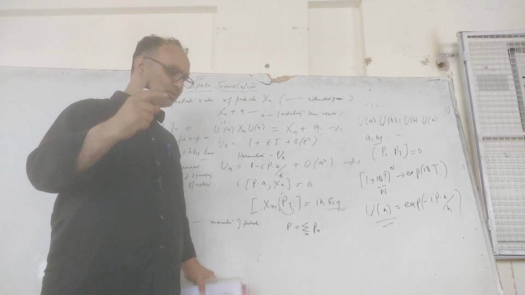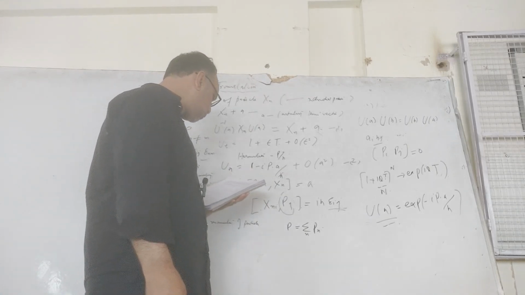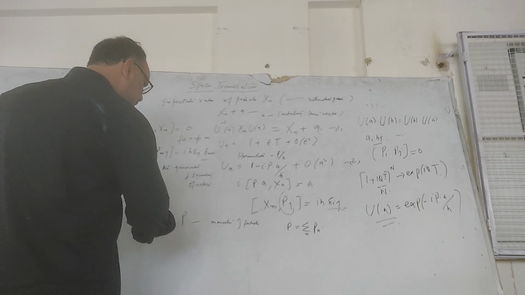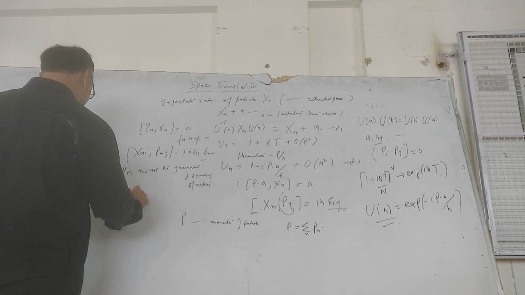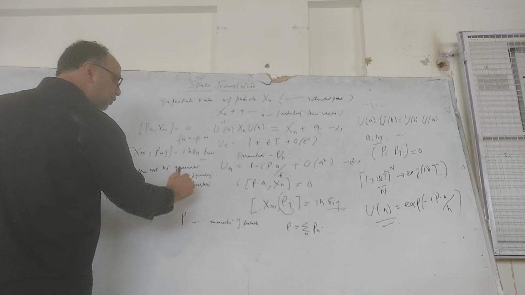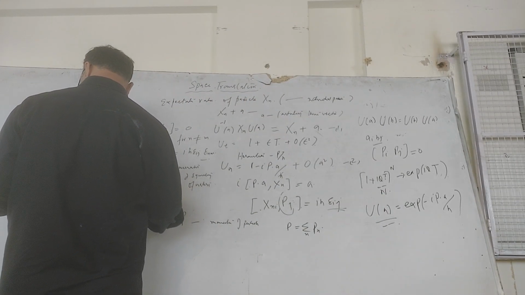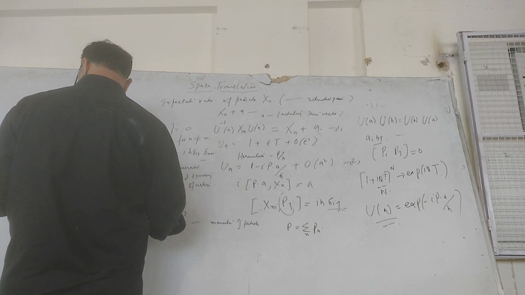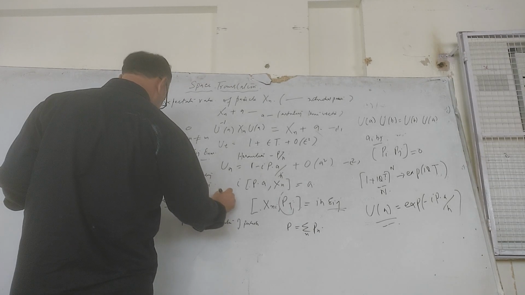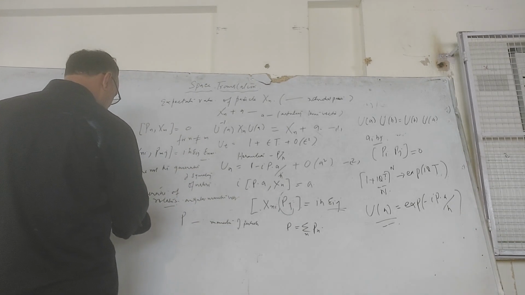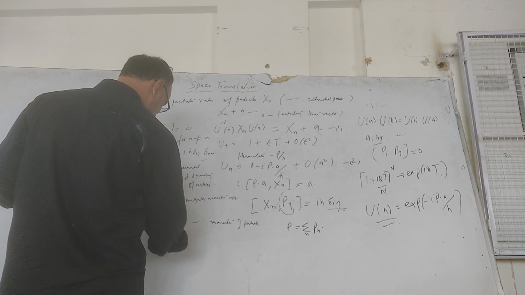So it may become more complicated. Sometimes they may commute or they may not commute. The generators of rotation, the angular momentum vector components, do not commute with each other.